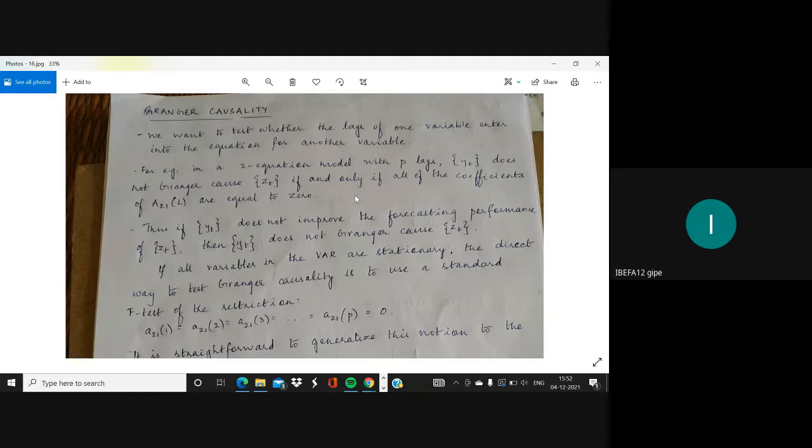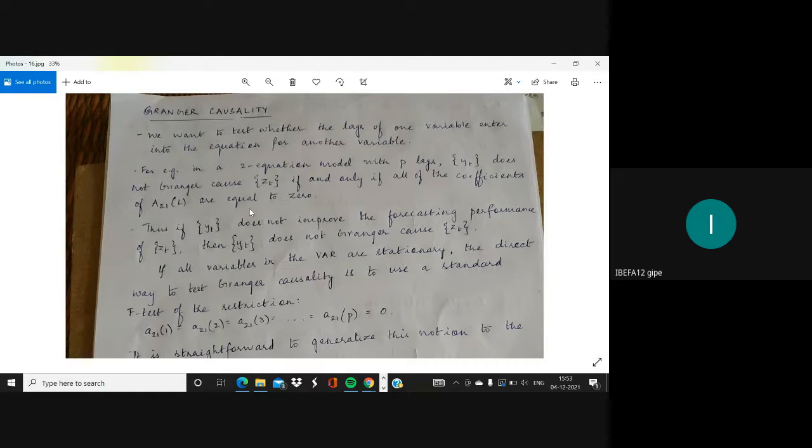Here, if you take all the coefficients associated with the lagged values of yt and look at the zt equation, and you estimate your VAR model and find that all your coefficients are insignificant, so basically they are statistically equal to 0, or not significantly different from 0, then you can conclude that it does not make sense to include the lagged values of yt in the zt equation, since it does not help you forecast or predict zt better.